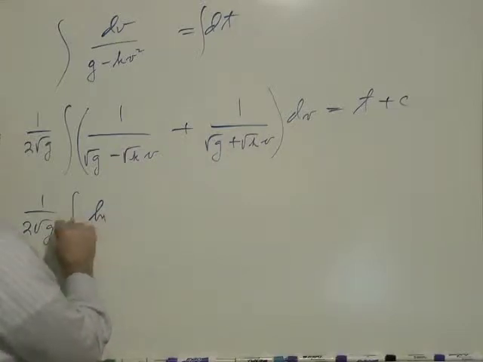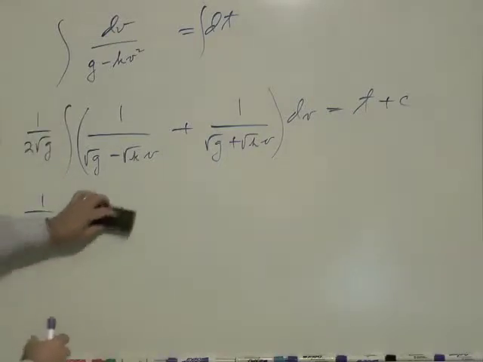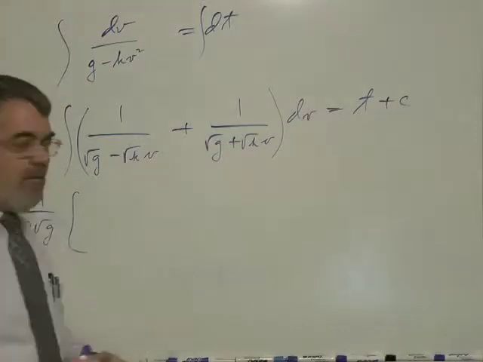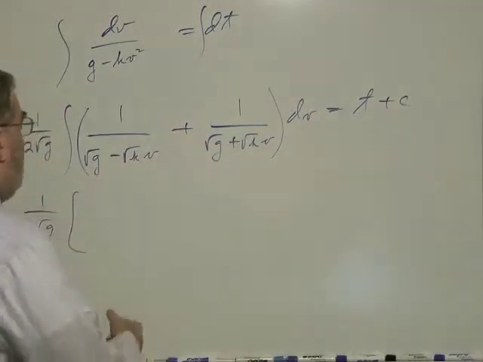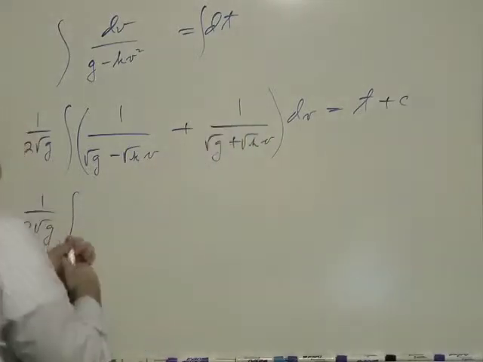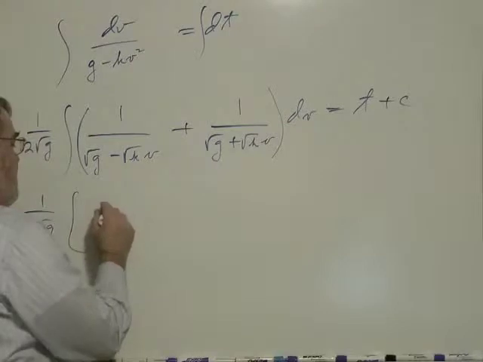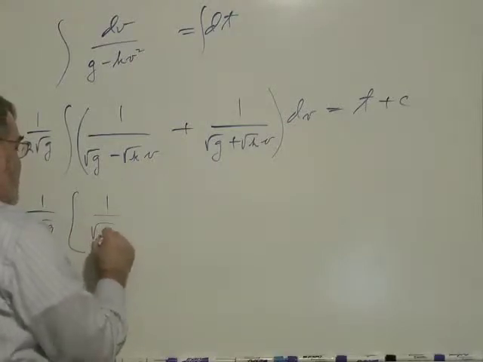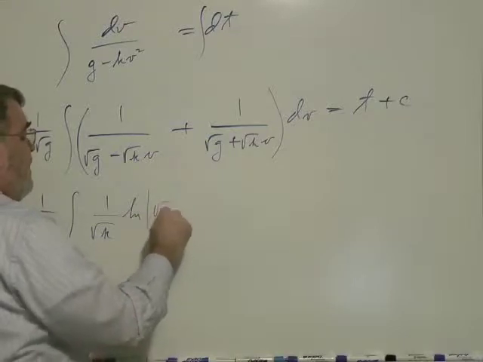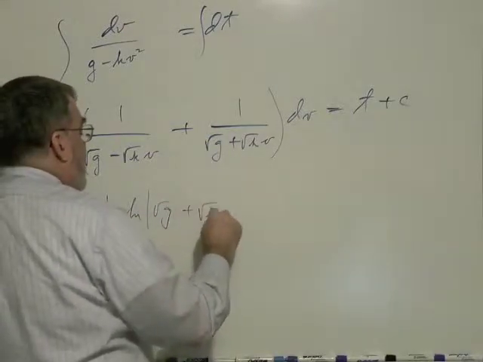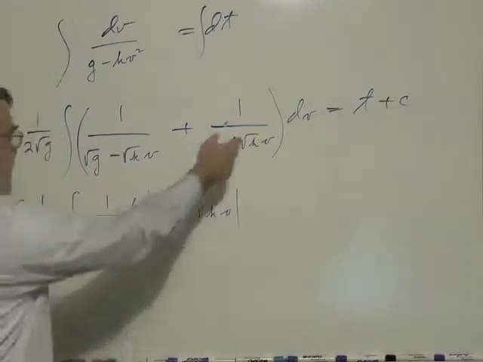I'm going to do this one first, because it's less complicated. It doesn't have this minus sign. So if you don't mind, I'm going to integrate this part first. And I believe we're going to get 1 over the square root of k times the natural log absolute value square root of g plus square root of k times v. And now that's just this part of the integration.